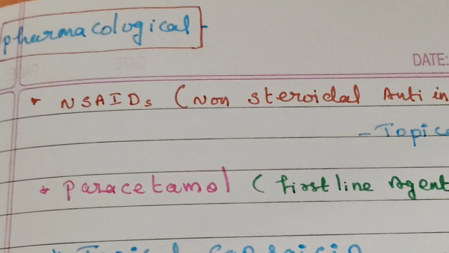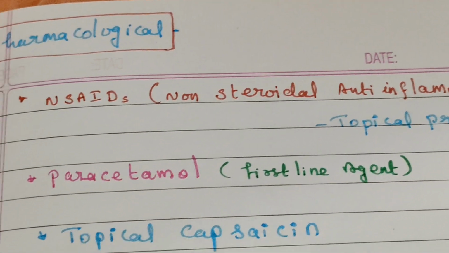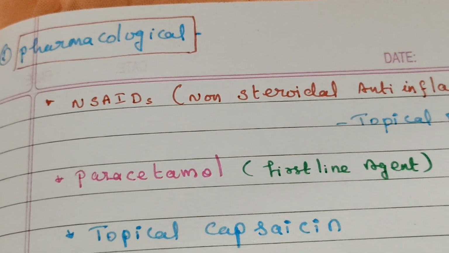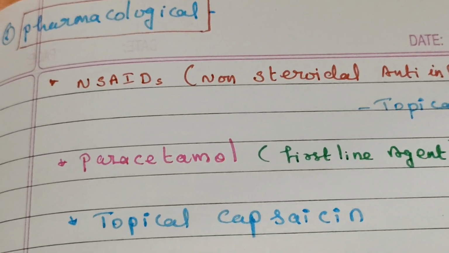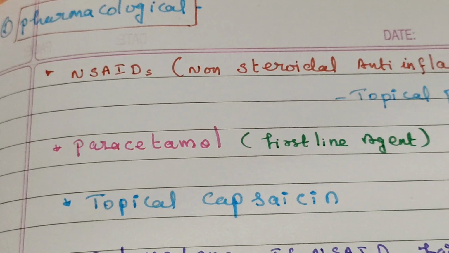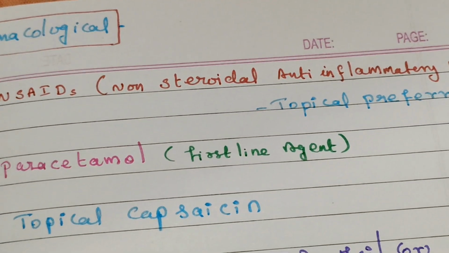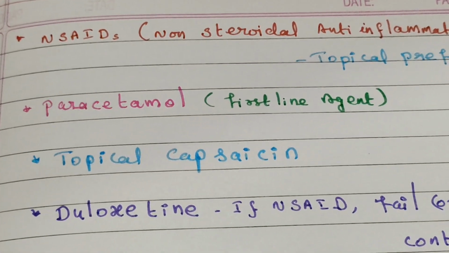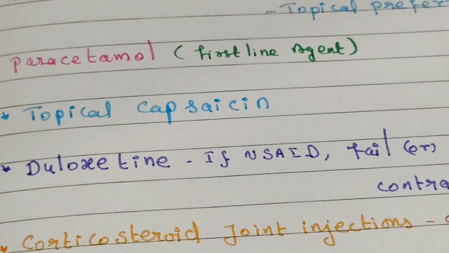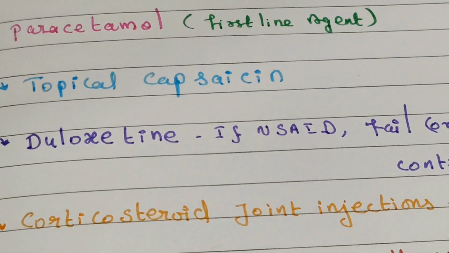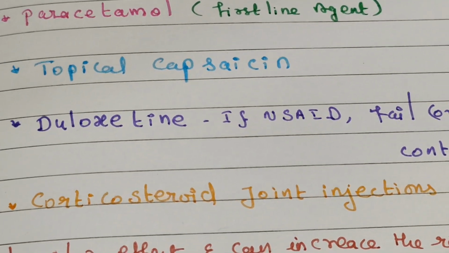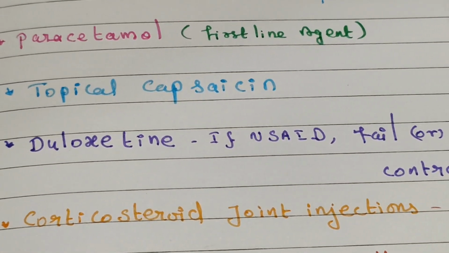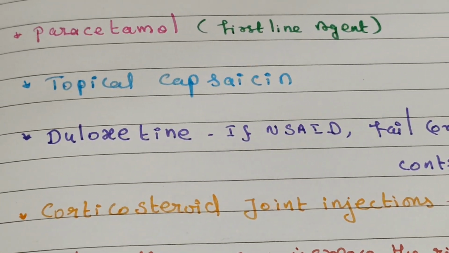Next one is pharmacological. Pharmacological treatment is often used along with physiotherapy, with non-steroidal anti-inflammatory drugs, with topical agents being preferred. Then paracetamol is the most common first-line agent, though in some studies paracetamol has shown limited benefit. Then topical capsaicin is an option but not regularly given.